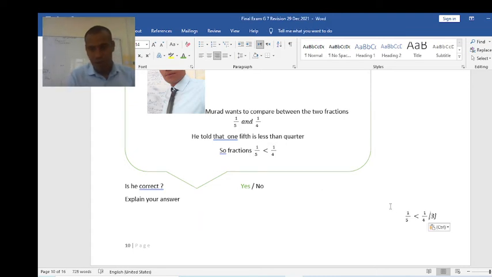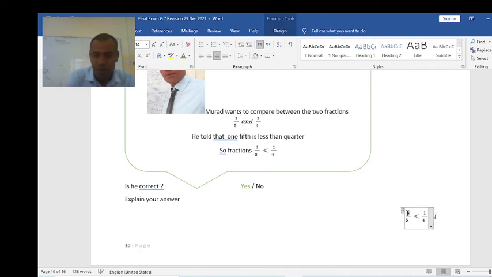So I want to find equivalent fractions for 1/5 where the denominator value is 20. So I should multiply 1 by 4, it will be 4, and 5 by 4, it will be 20. And the next one, I will multiply 1 by 5, and 4 by 5 to get 20.